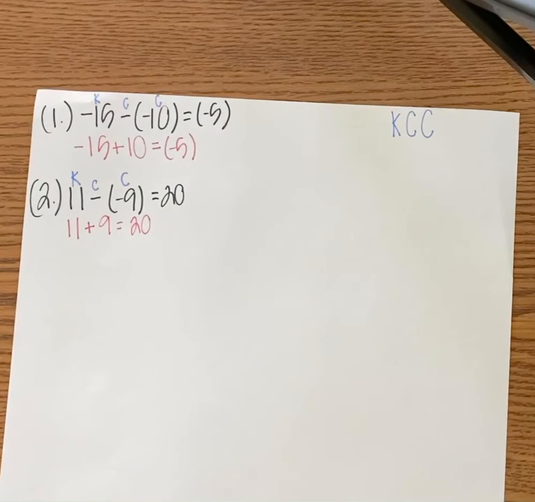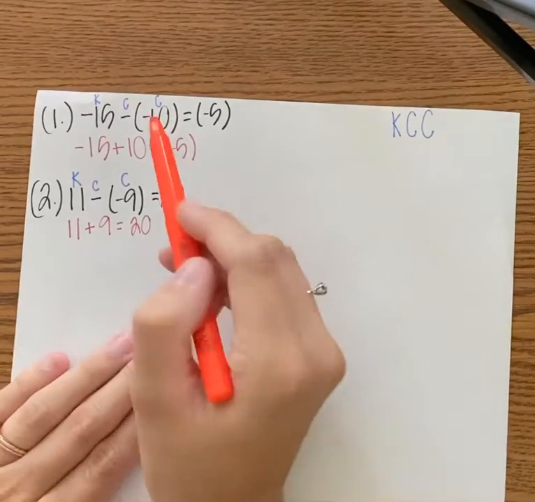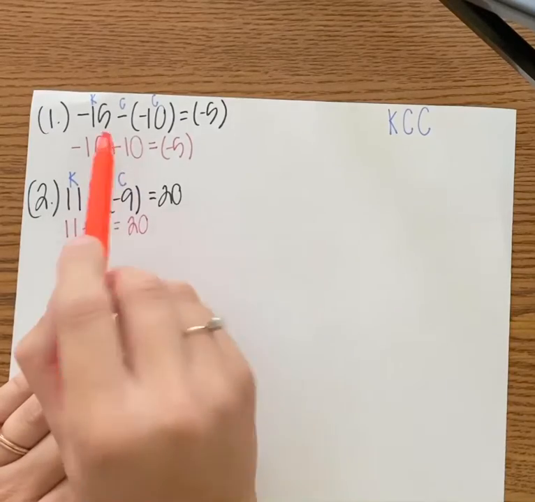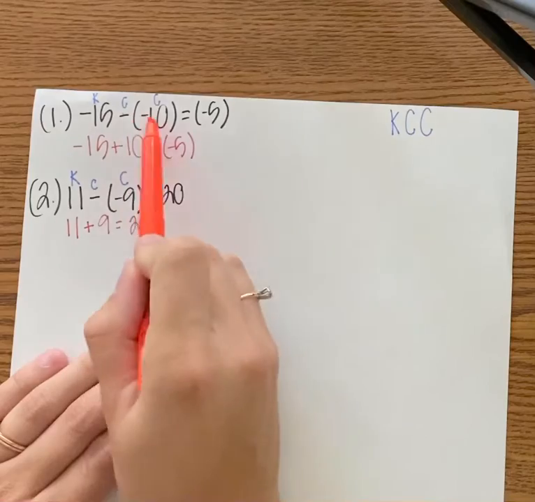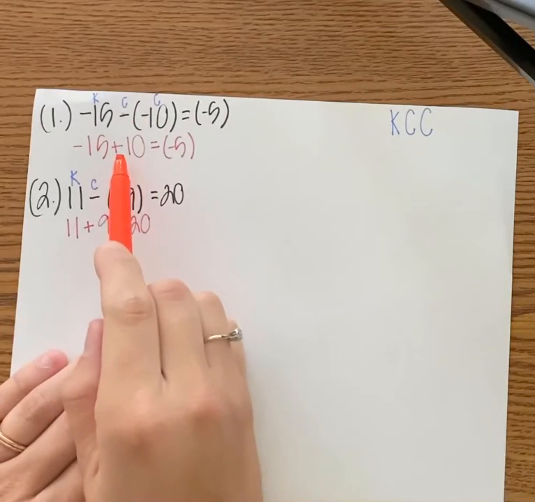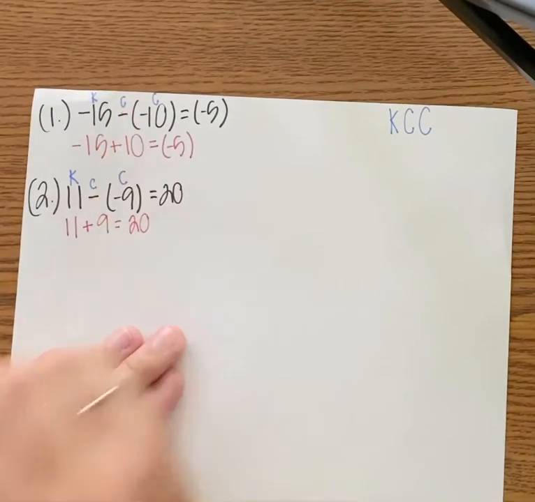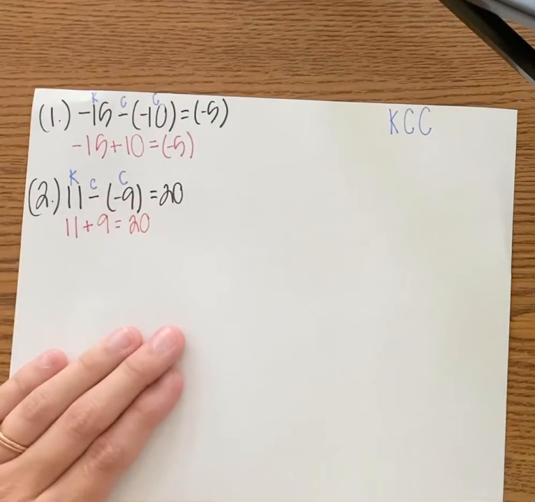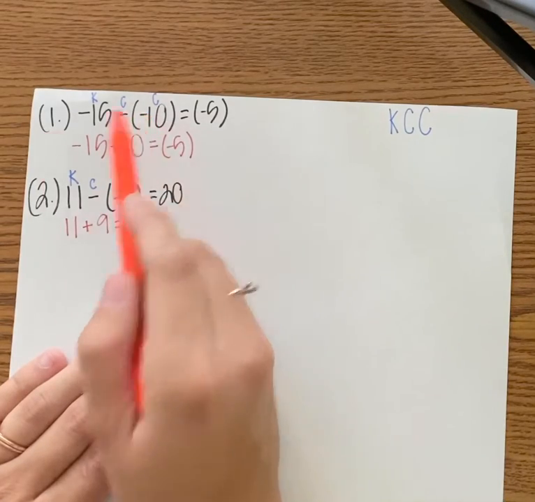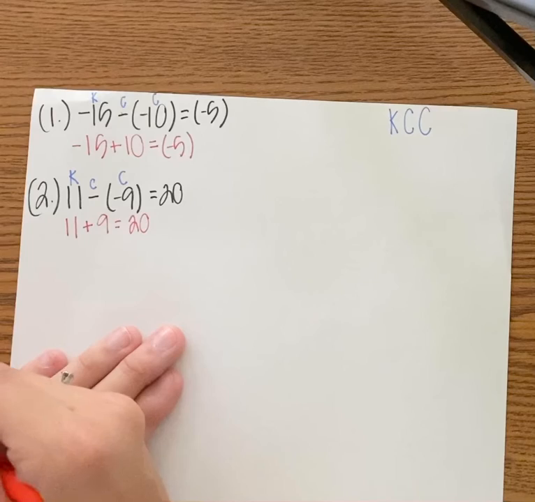Before we move on to our next example, I want to talk about something with these 2 examples that we've just completed. You're going to start noticing a pattern when you subtract a negative. When you subtract a negative, 2 negatives make a positive. 2 negatives make a positive. Anytime you see a subtraction sign and a negative sign right next to each other, it turns into addition of a positive.